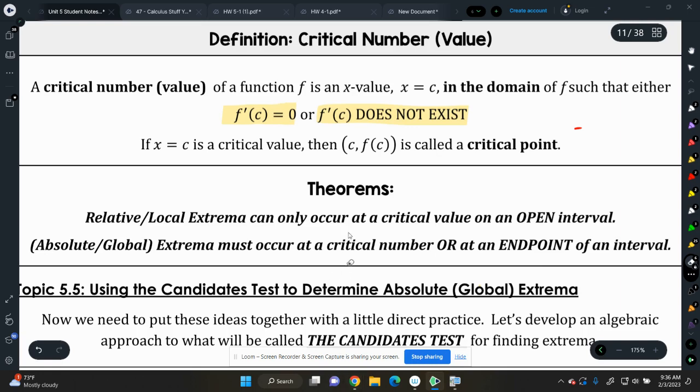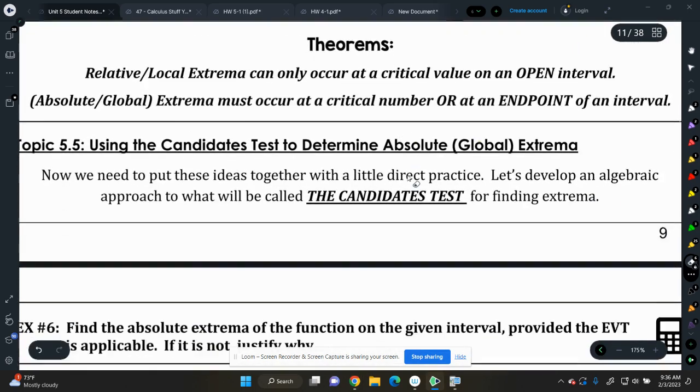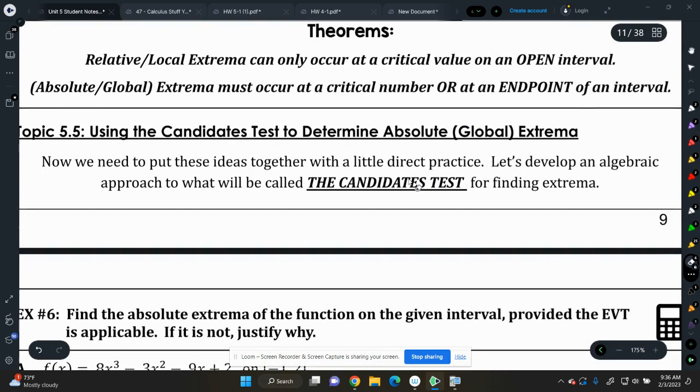So when we are justifying the existence of an extreme value, we can simply do that using the candidate test. We do not have to use the first derivative test.